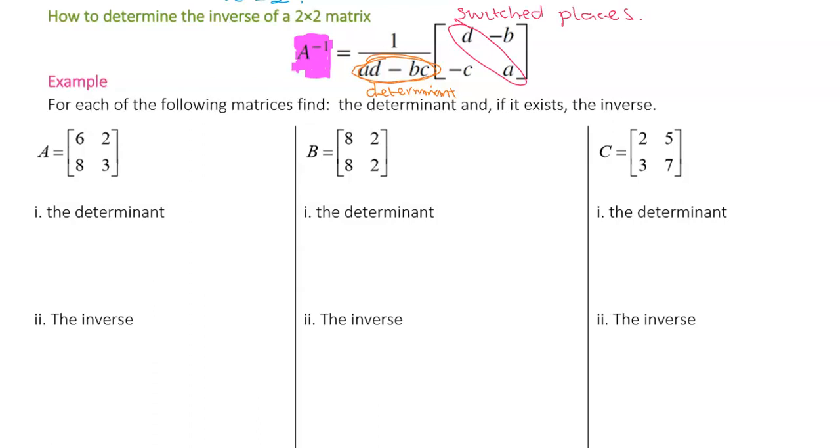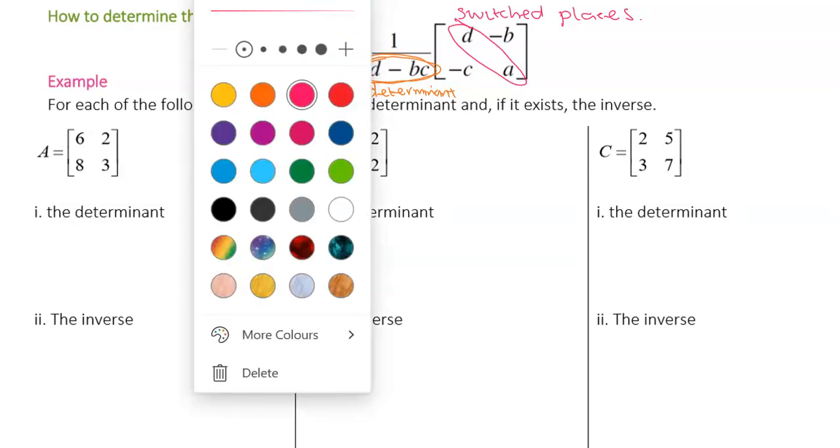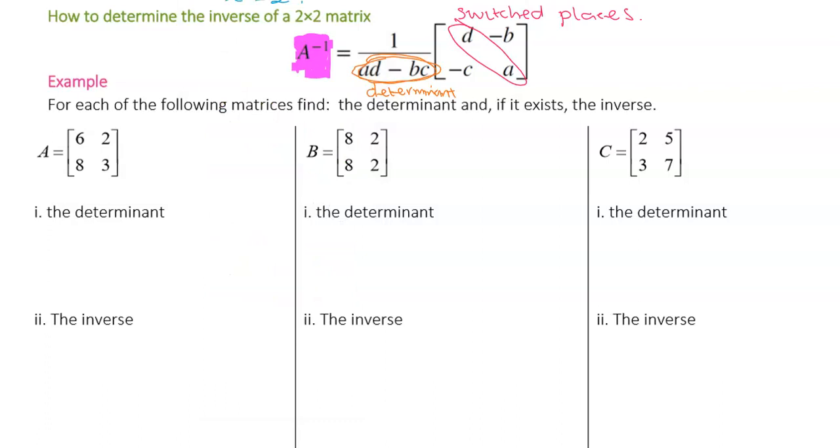Okay, so to calculate this by hand, A and D switch places, and B and C stay in the same position, but they change signs. So if B was positive, then it becomes negative. If it was negative, then it becomes positive.